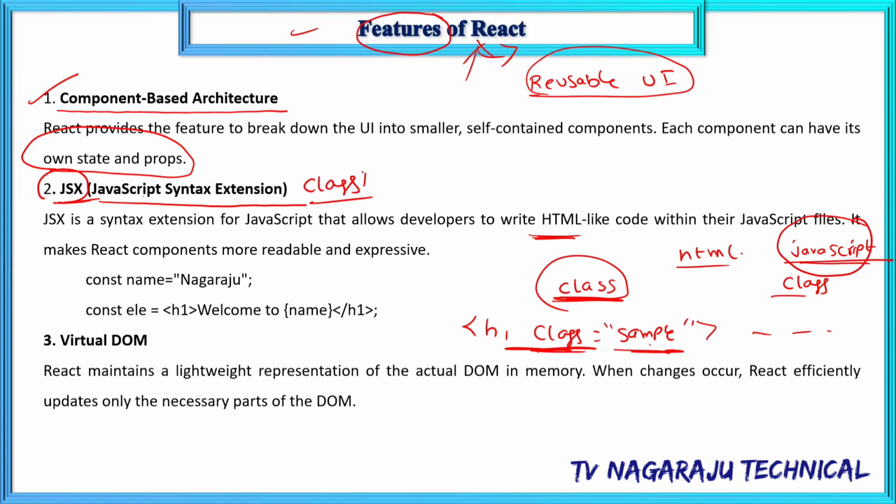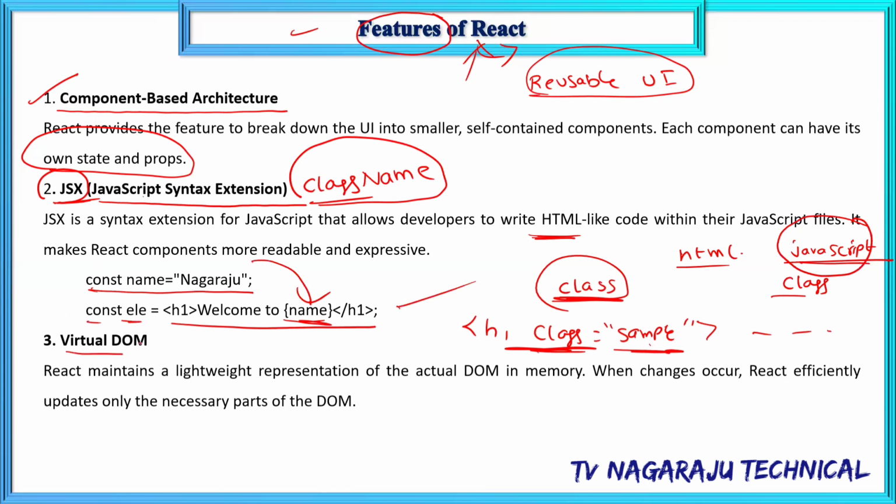Here, class is replaced with className. It also simplifies the code. For example, const name equals some name, Nagaraj. Const element, and this is the way to print: within curly brackets, name, the name is directly printed. This is JSX.